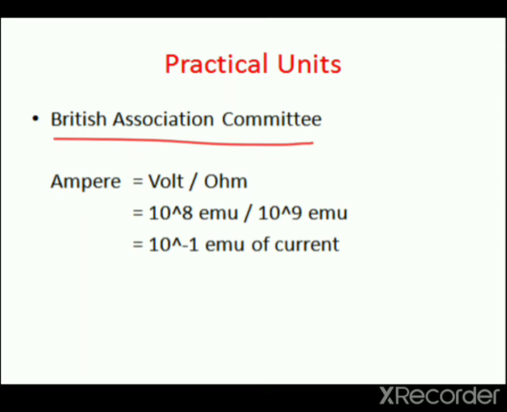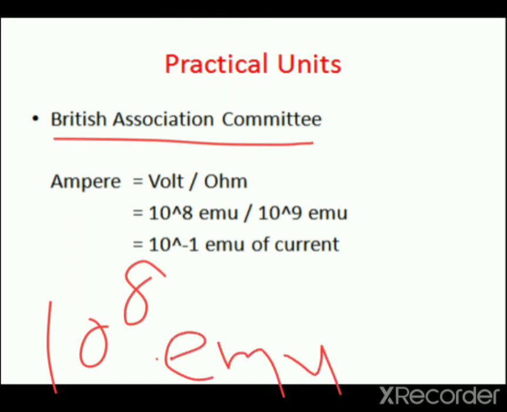Also, the practical unit of potential difference, that is volt, is taken as 10 raised to 8 CGS electromagnetic units. On fixing these two magnitudes, the practical units for other quantities can also be fixed.